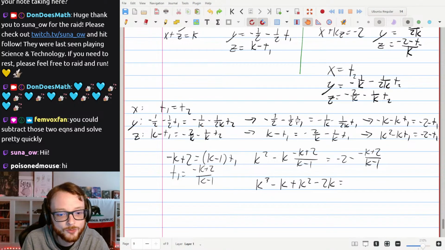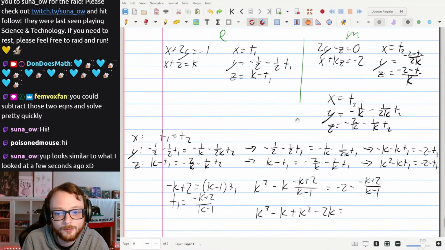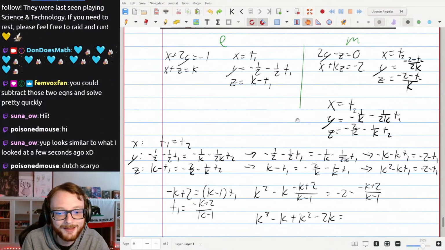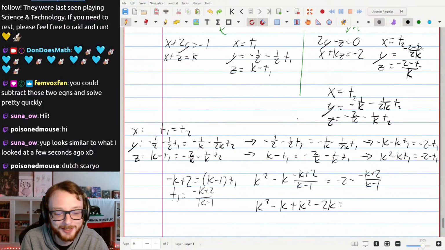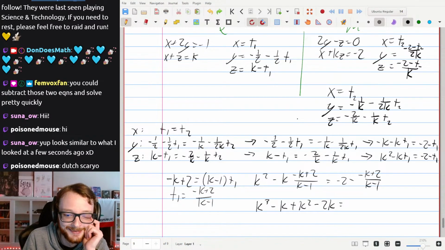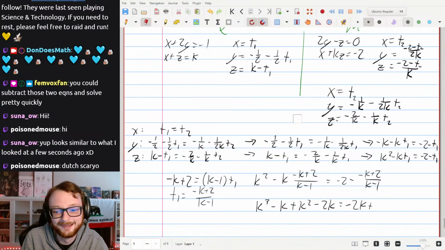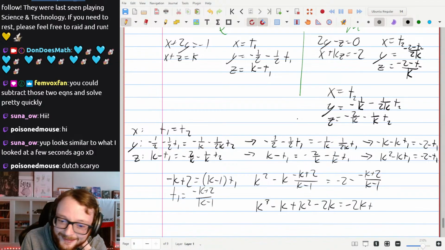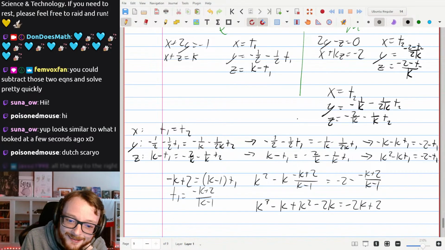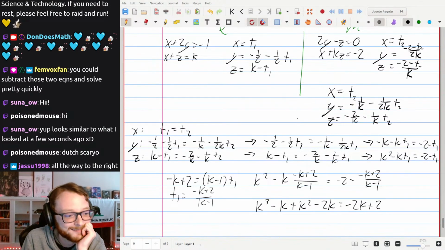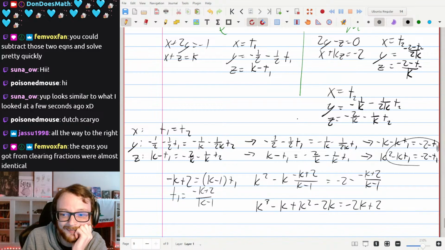Subtract those two equations and solve pretty quickly. There's at least 15 equations on the screen. I don't know which one you mean or which ones you mean. These two?